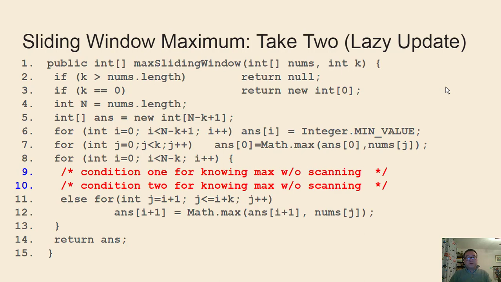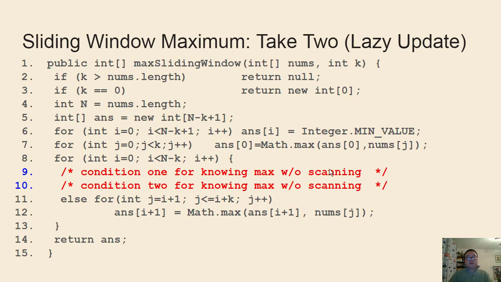There are two conditions that, when true, let us immediately know the max value. The first condition is if the new value we are looking at is bigger than the max value of the previous window, then the new value is definitely the max of the new window.